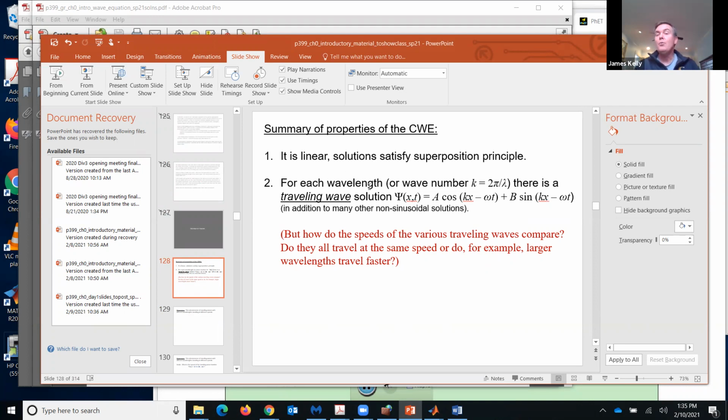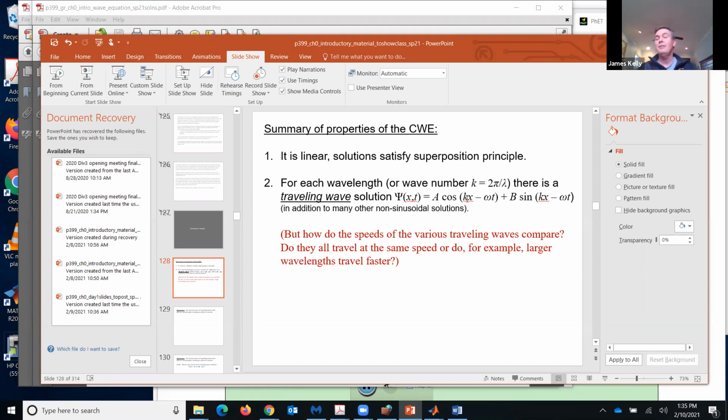Since k is 2 pi over lambda, each wavelength corresponds to a particular k. For each wavelength, there's going to be a different traveling wave solution. We just found that if I choose a k, I'm not free to choose an omega. Omega has to be related to k in a very definite way, but I am free to choose a k.